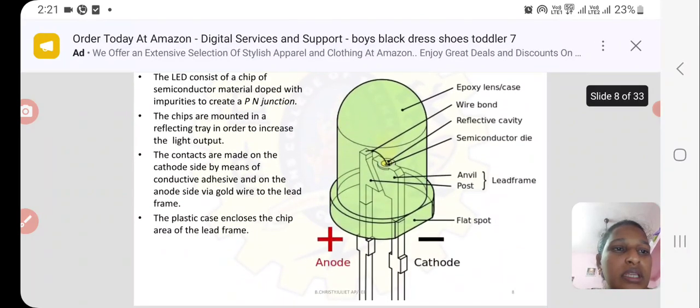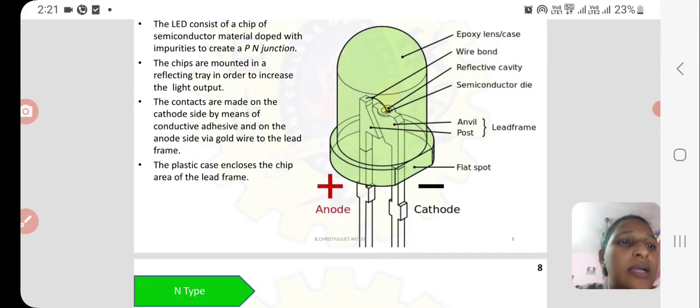Here we are seeing the picture of an LED, which depicts the parts of the LED. So we have an anvil post which forms the lead frame. We have the anode and cathode.